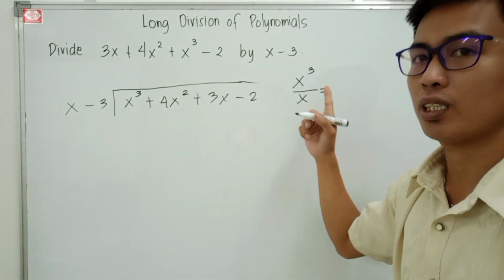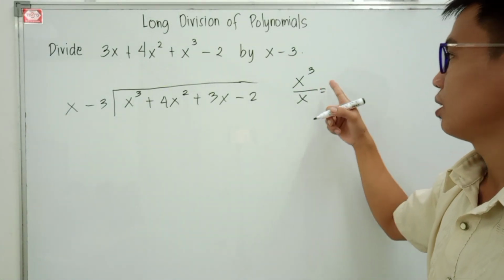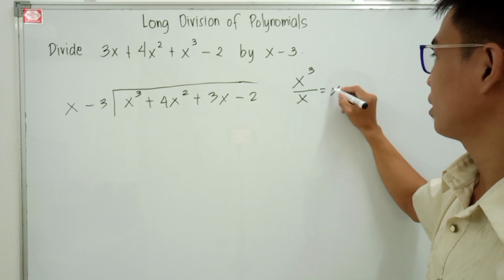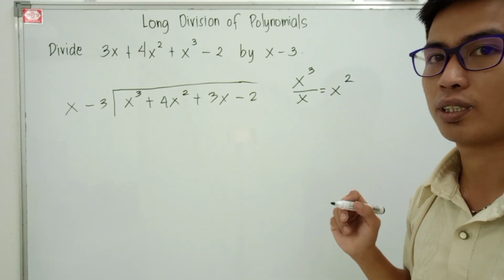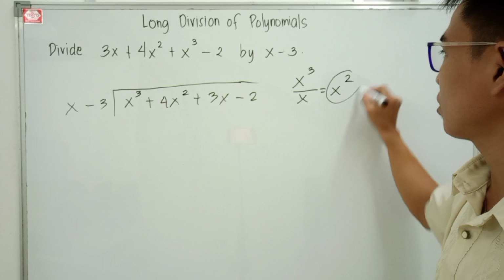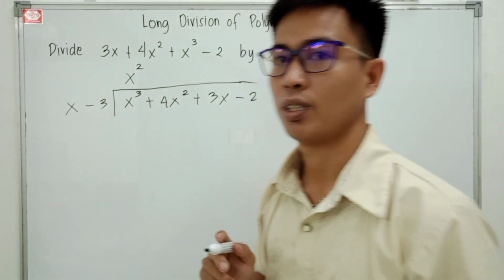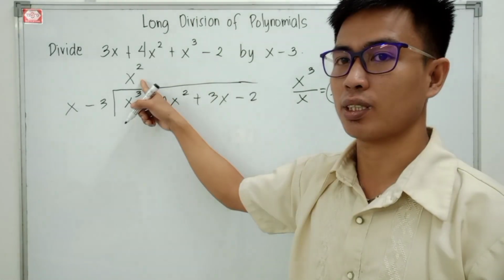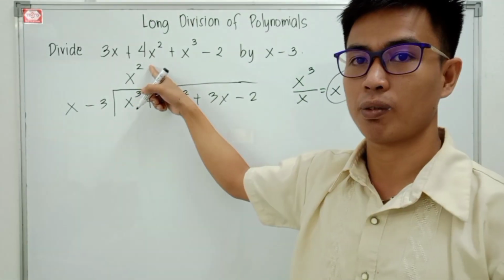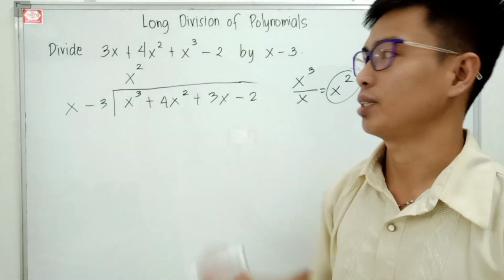If we divide using the laws of exponent, so quotient rule, this will be x squared. Then, yung sagot natin dito is yung ilalagay natin sa tapat ng x cubed. So, this is our first term of the quotient, x squared.